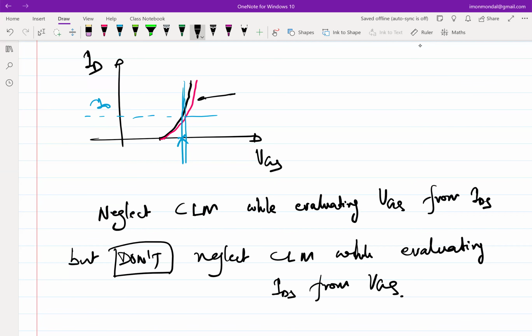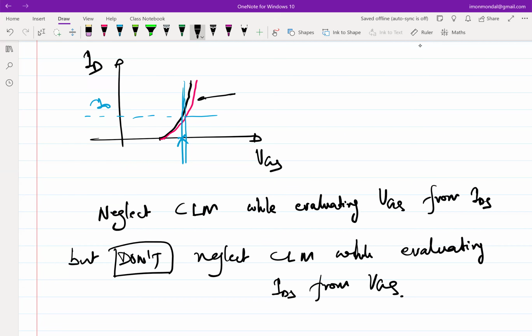Even though this seems counterintuitive, it should make sense because it depends on what type of nonlinearity we are dealing with. In one case, it is an expanding graph, and the error can accumulate. In another case, we can essentially say that, okay, it's not too much of an issue.